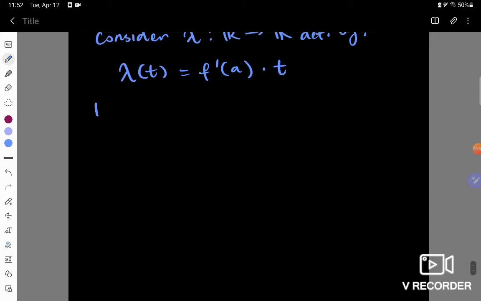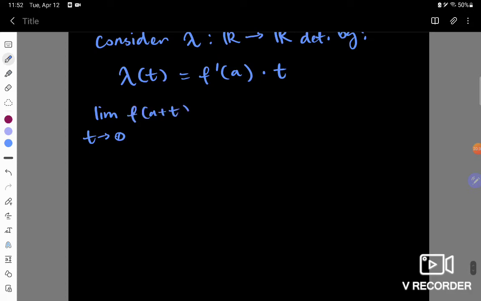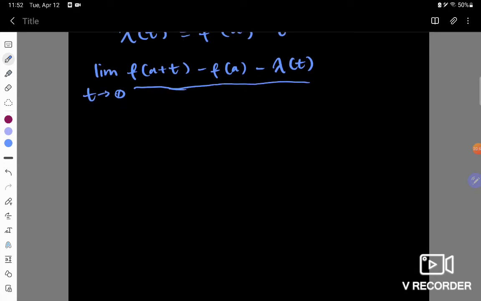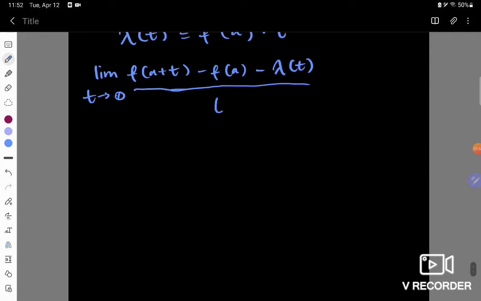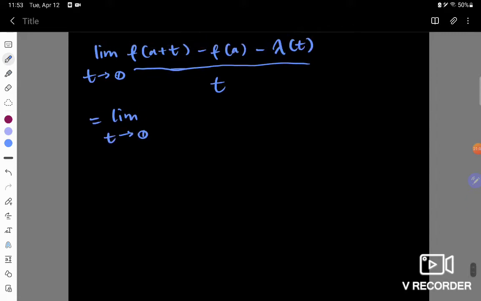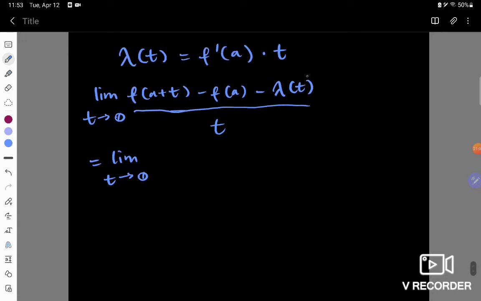So the limit as t approaches 0 of f of a plus t minus f of a minus lambda of t, all of this over t, is going to equal the limit as t approaches 0 of, remember how we defined lambda to be f prime of a times t, so we can divide out by t, and we get f prime of a equals lambda of t over t, which we see over here.